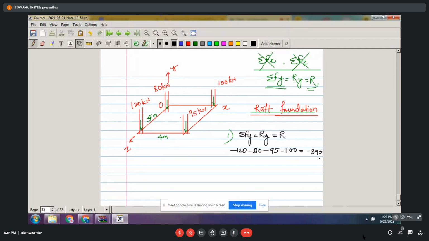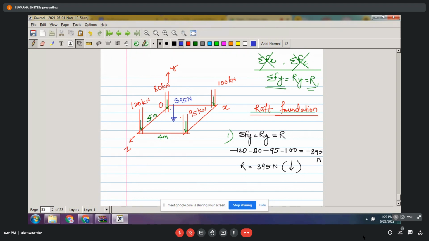Okay. So what does the minus sign indicate? Downward direction. So if I now say that on this plate my resultant is somewhere here with magnitude 395 in the downward direction.